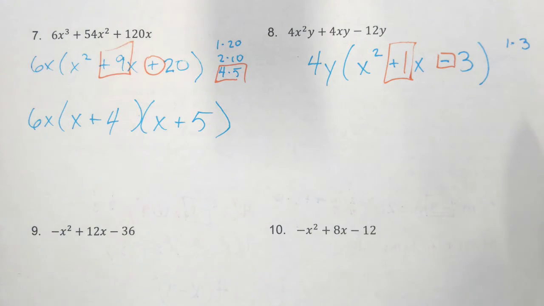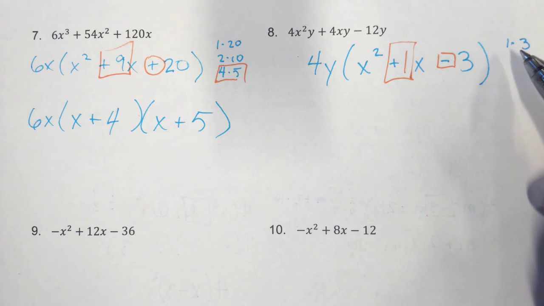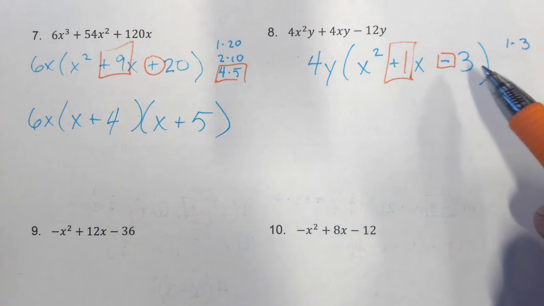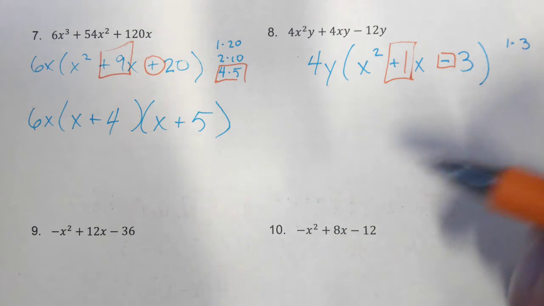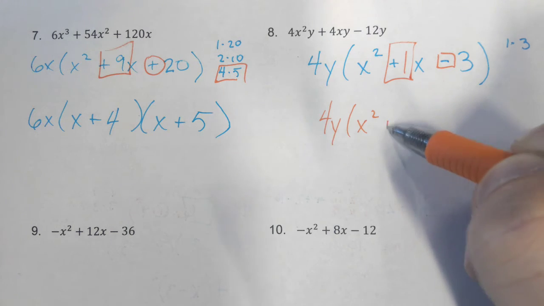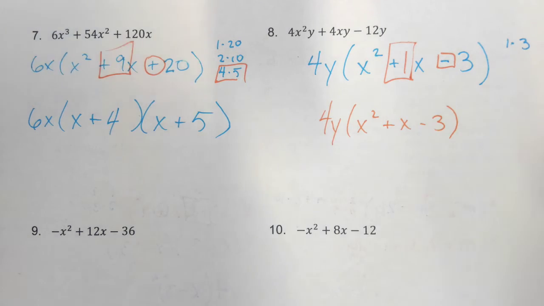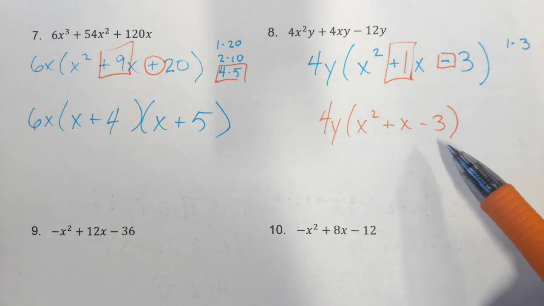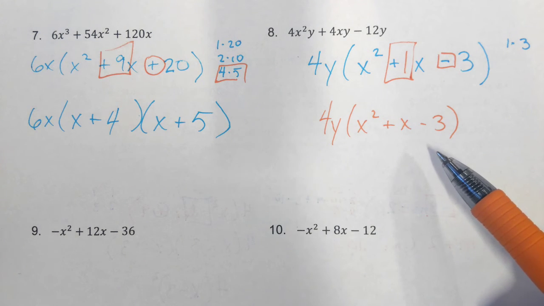Well, 3 minus 1 is 2. So it's not going to make 1. So this is actually as far as that can be factored. So that's going to be our final answer: 4y times x squared plus x minus 3. Sometimes they won't factor any further after you take the GCF out. And that's one of those cases right here.